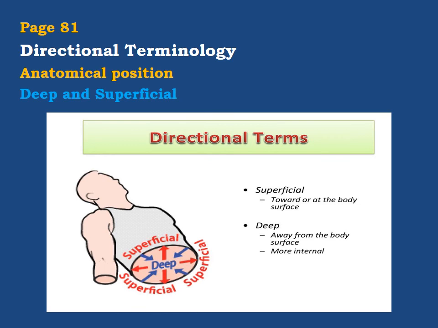Superficial, closer to the surface. All right? But deep, it means away from the body surface, or it means more internal. And you can see in the plane here, it is clear. So superficial means closer to the surface. Deep, closer to the inside, deep inside.